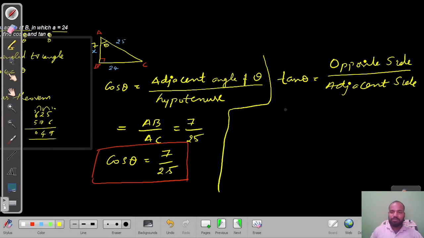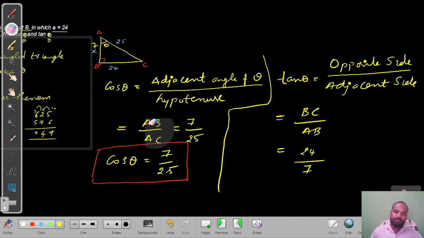Now, what is opposite here? Opposite to theta is BC. What is adjacent here? Adjacent is AB. What is the BC value? BC is 24. And what is the AB value? AB is 7. Am I clear? So this is what tan theta is.